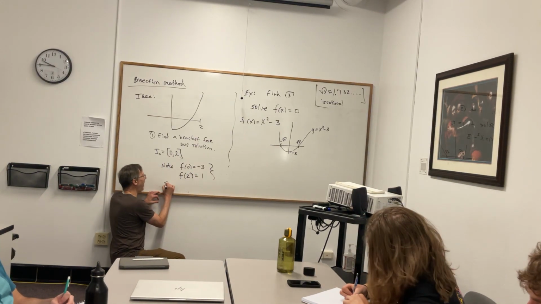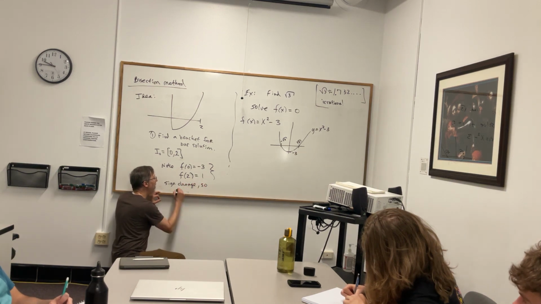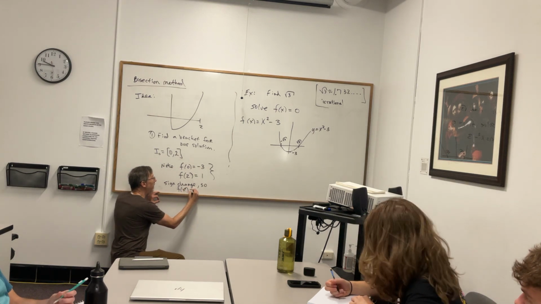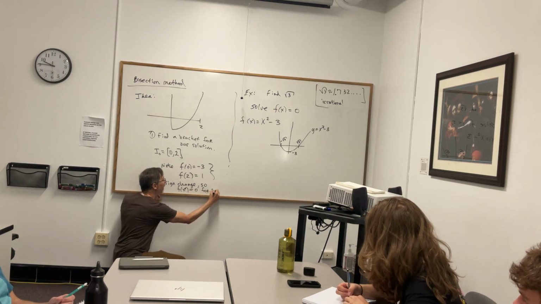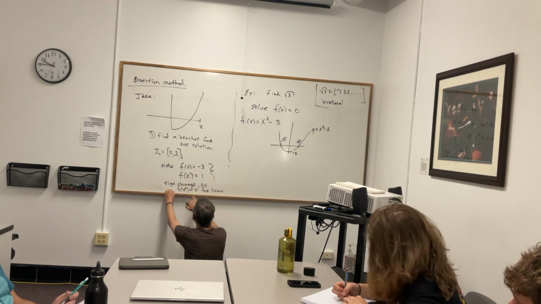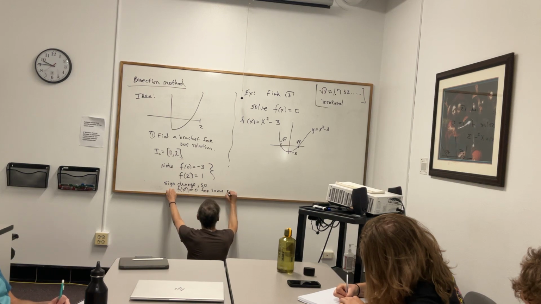So here we have a sign change. So f of x star must equal 0 for some x star in the open interval 0 to 2. I'm going to call on a calc result, but you have to tell me why I can make this conclusion.